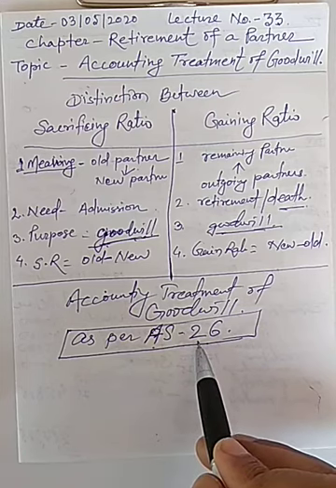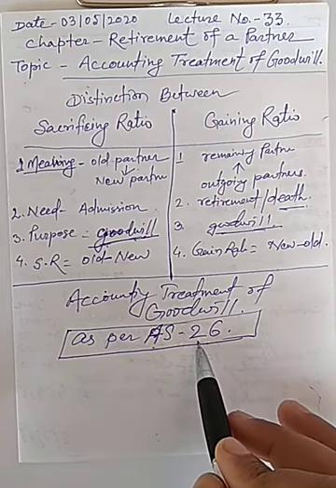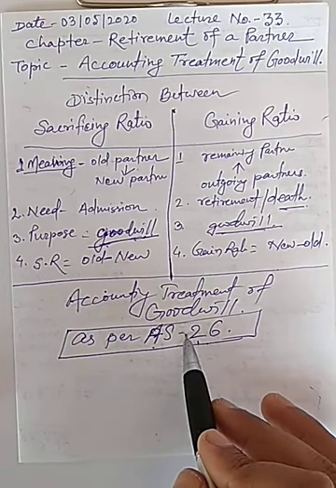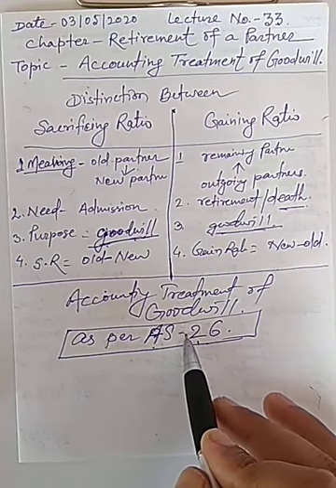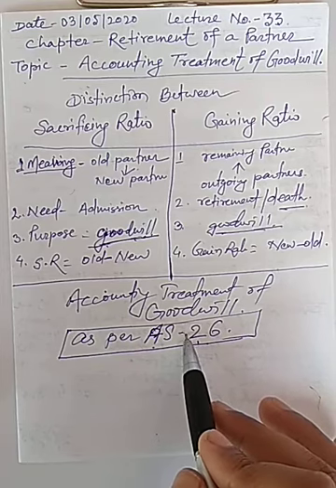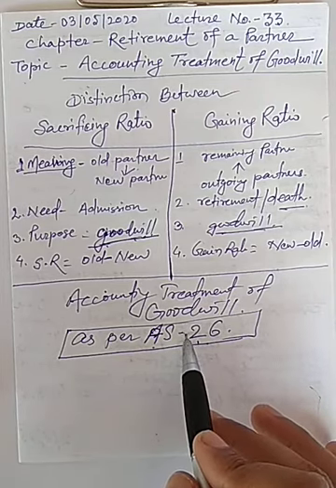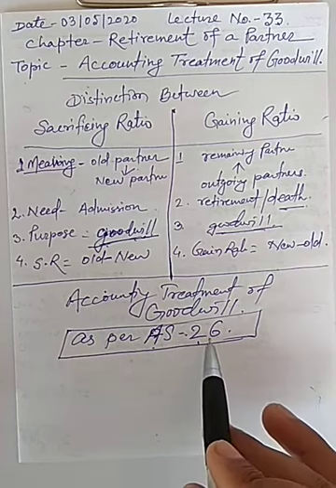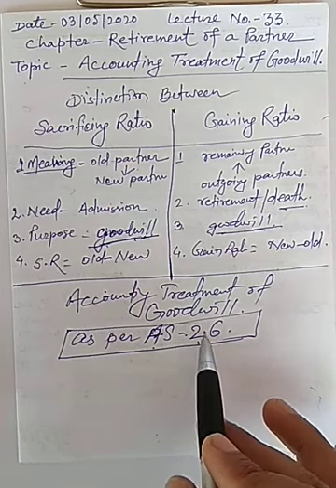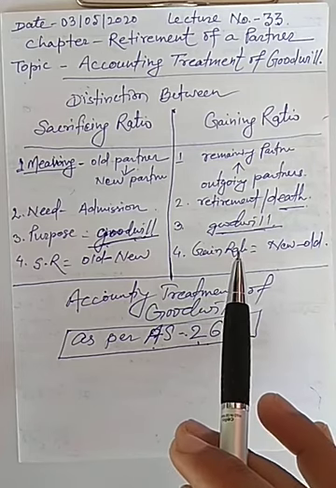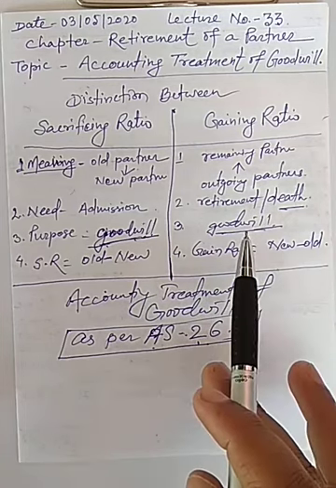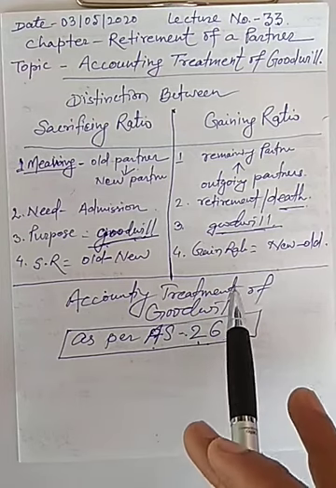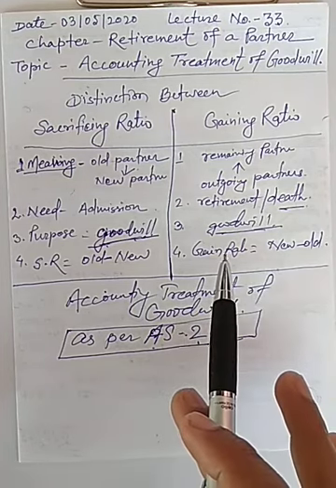Therefore, at the time of retirement and death of a partner, the outgoing partner must be compensated by the continuing partners in their gaining ratio. However, the goodwill will be valued as per agreement of the partnership firm.